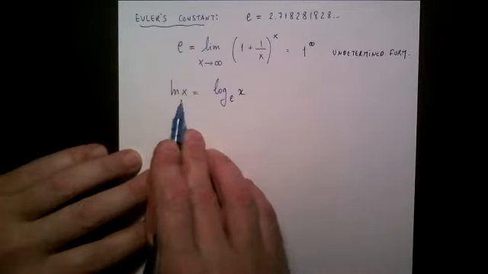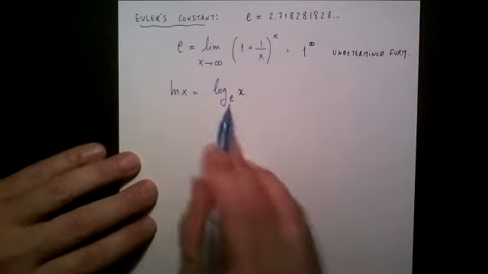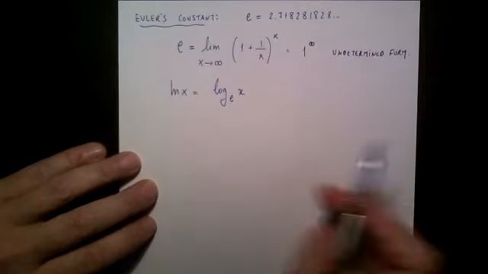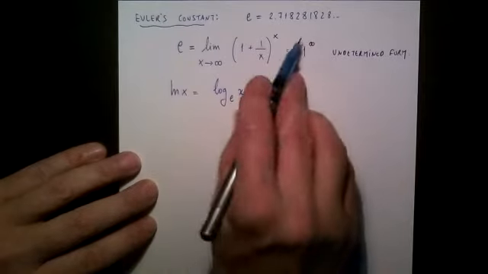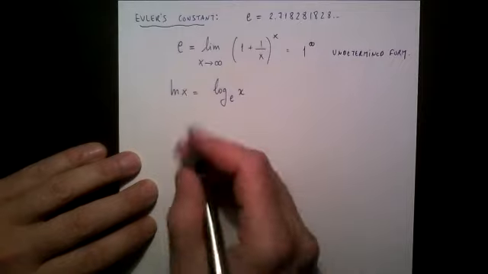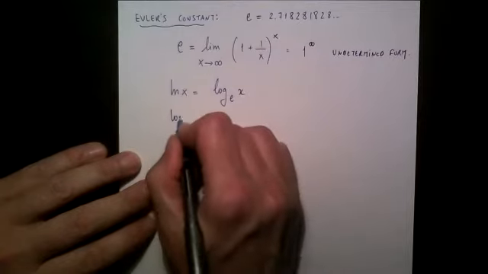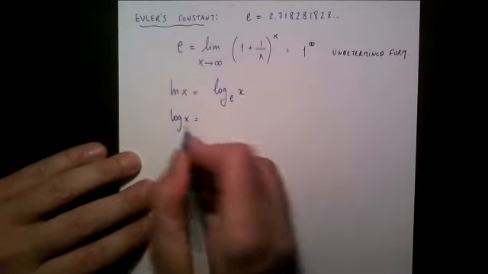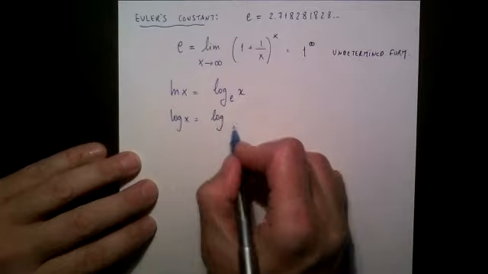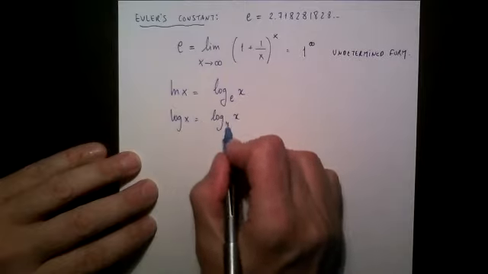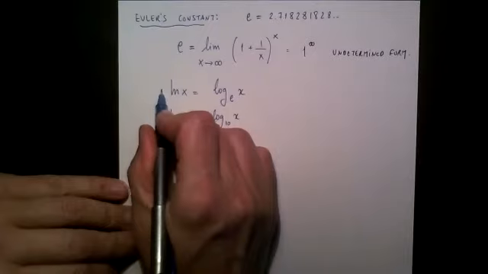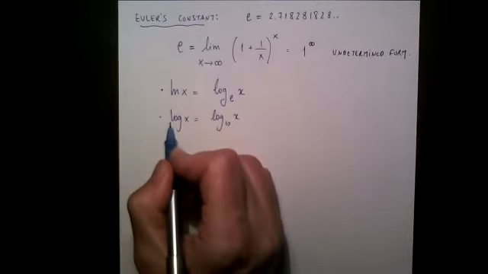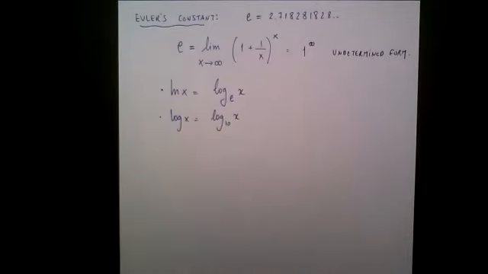When you see ln of x, it means a log, just like we did in the last sheet, but the base, instead of being a or b, is e. It's this number. And when you have a log of x and there's nothing below, what's the base? 10. Okay, just to clarify things.